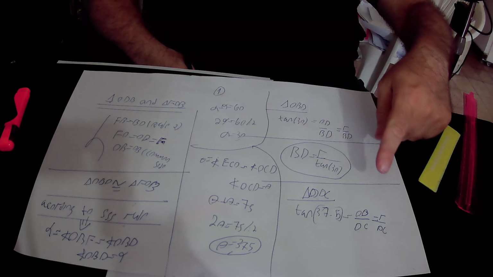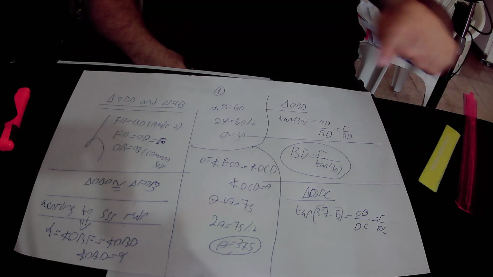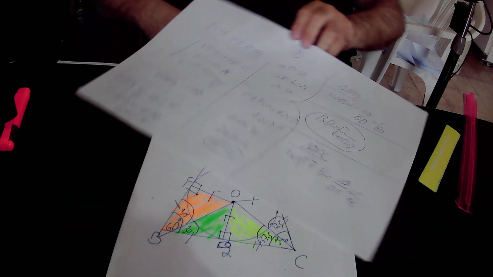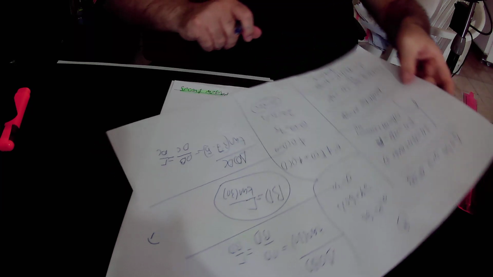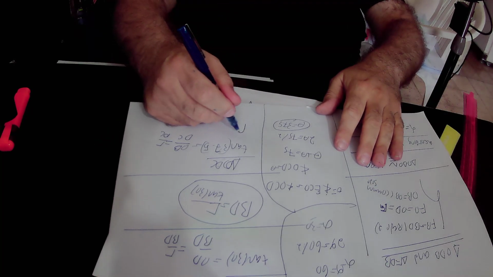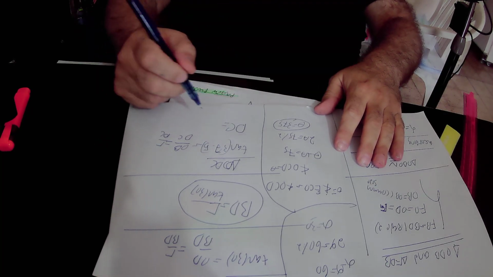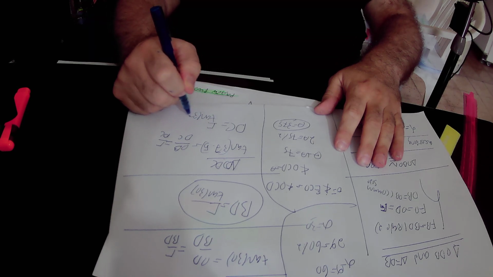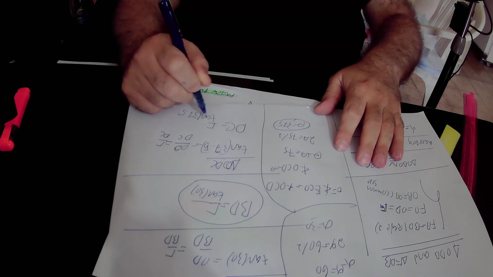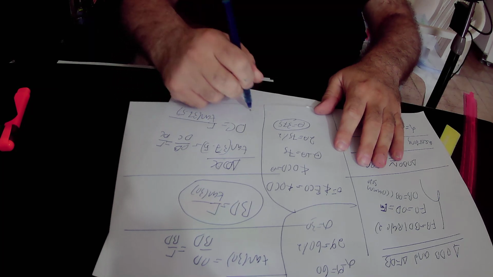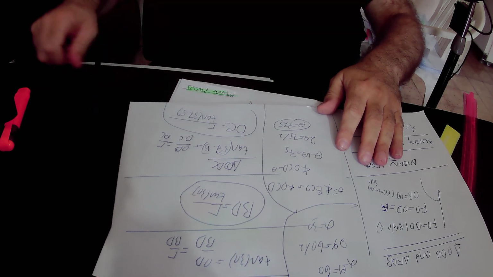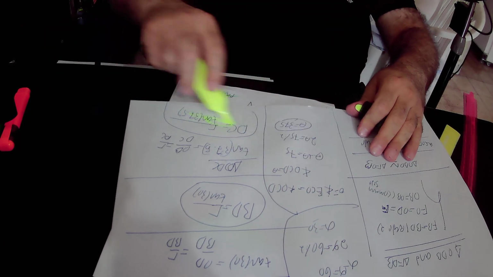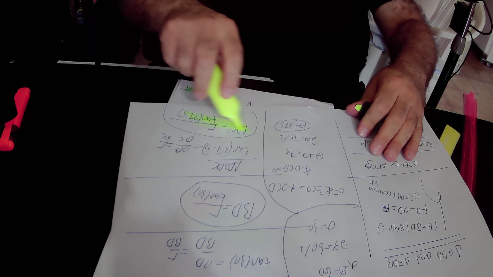We multiply this equation by DC and then divide it by tangent 37.5 degrees and we get that the value of DC is equal to R over tangent 37.5 degrees. So we actually found out the values of DC and BD.